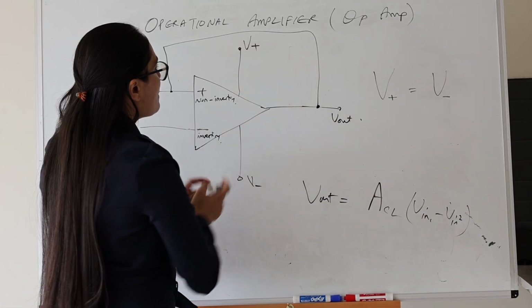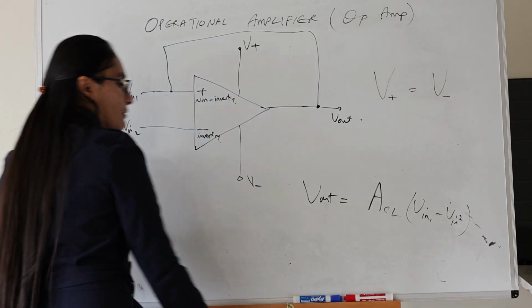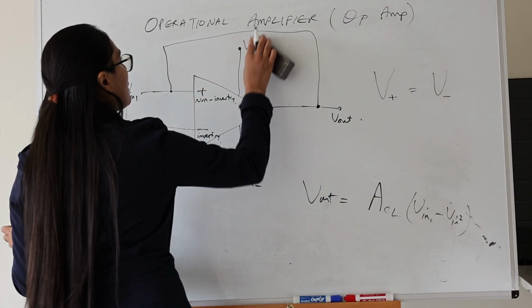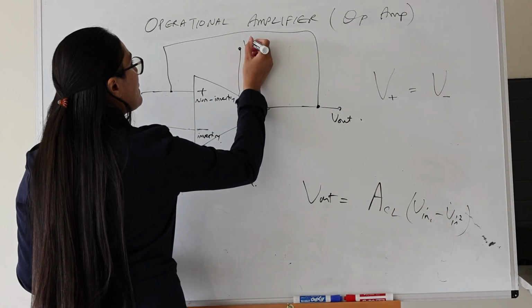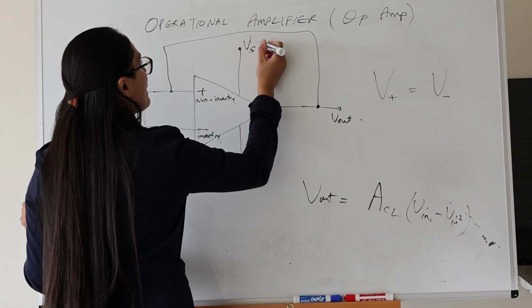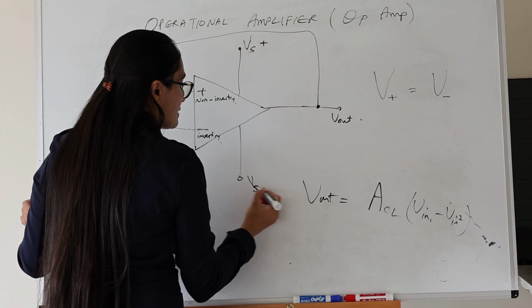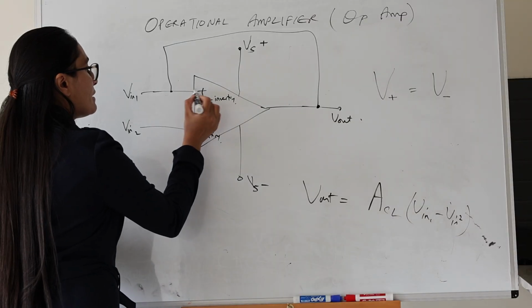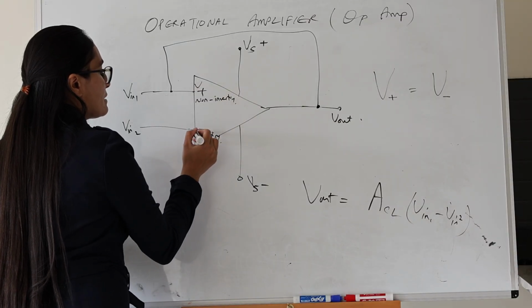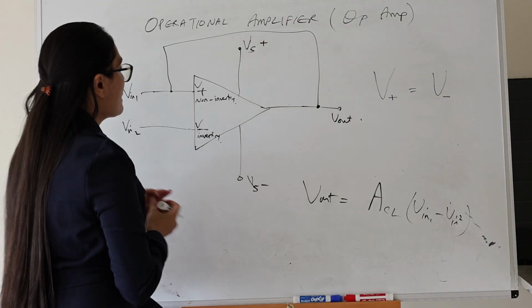Since we have lots of V pluses going on here, I'm going to change the symbol of this one and this one to say Vs, as in power supply plus, Vs minus. And now from here on, I'm going to call this terminal V plus and this terminal V minus.